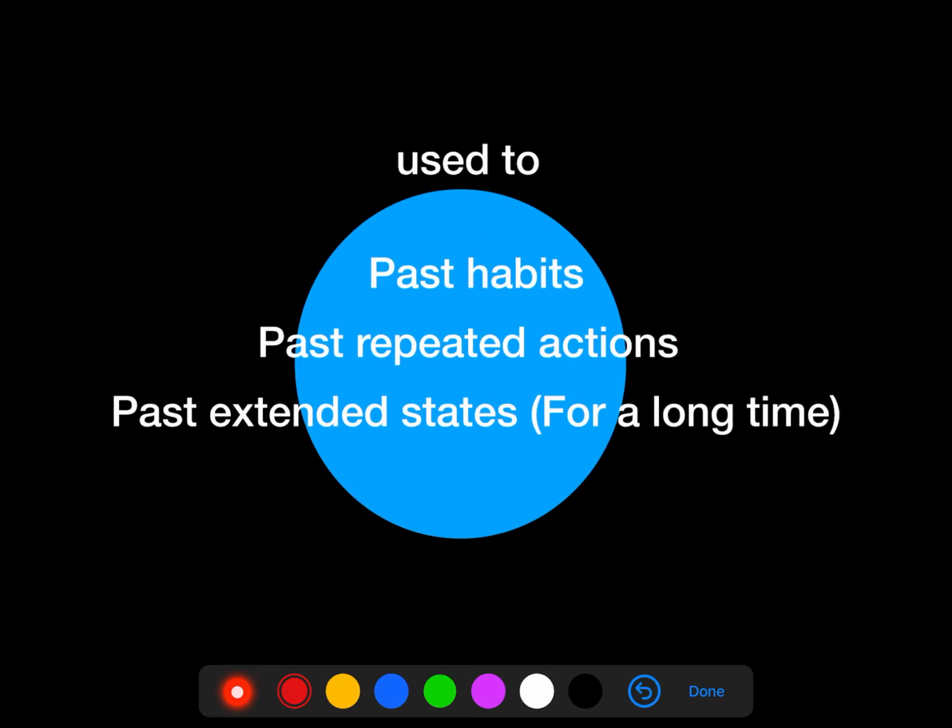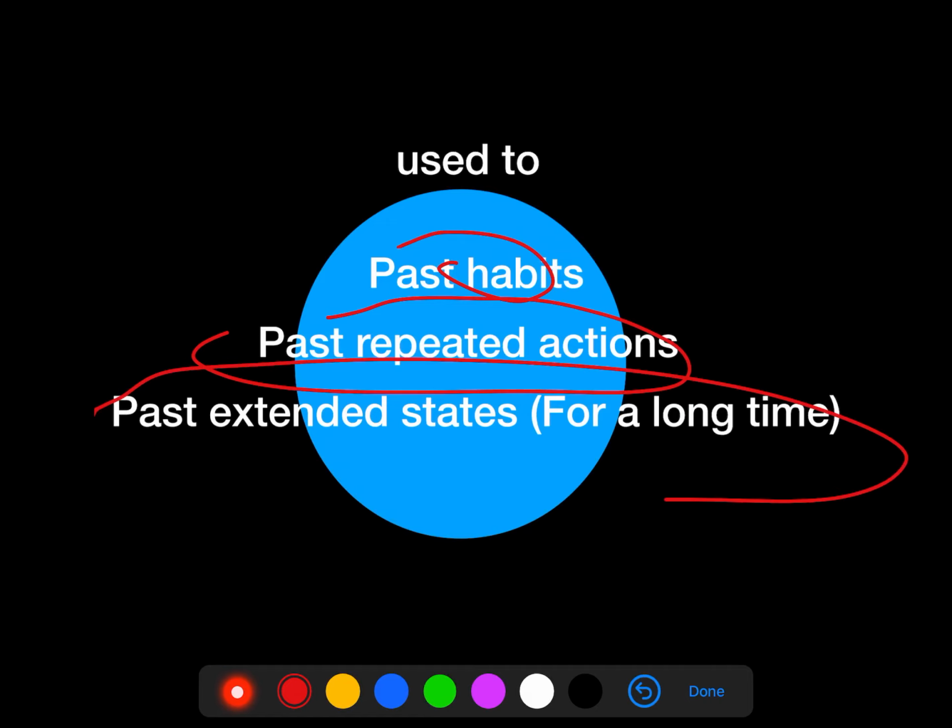Beforehand, let's summarize the functions of used to. We have 3 functions. One, past habits. Number 2, past repeated actions. And then the past extended states for a long time.